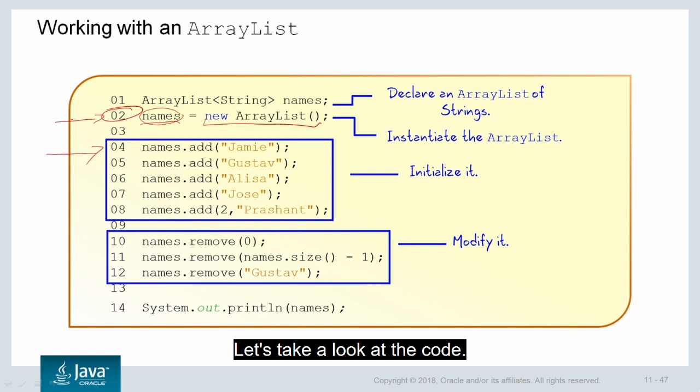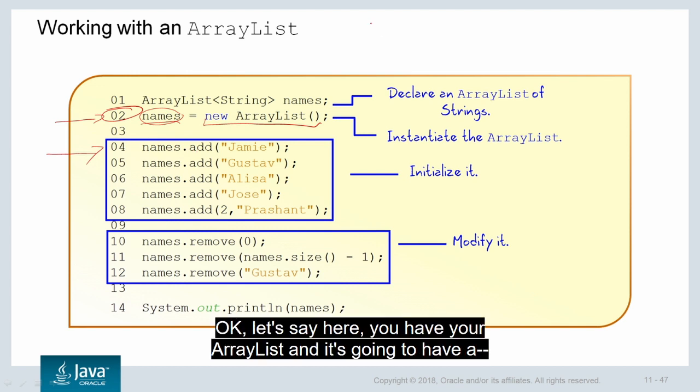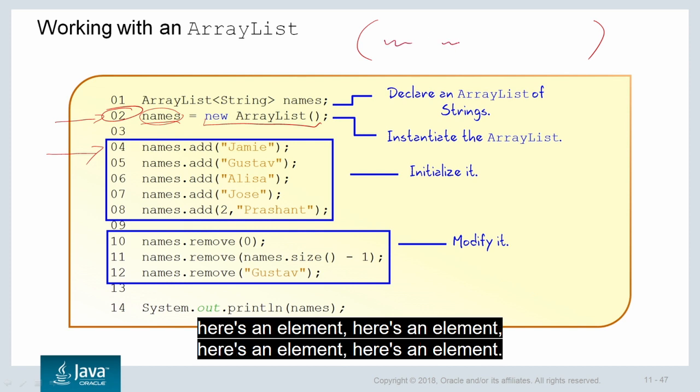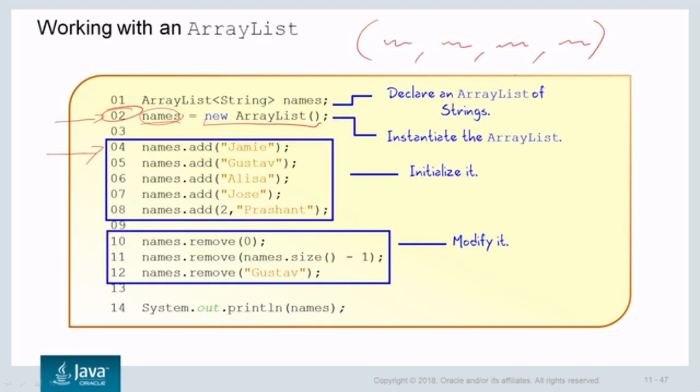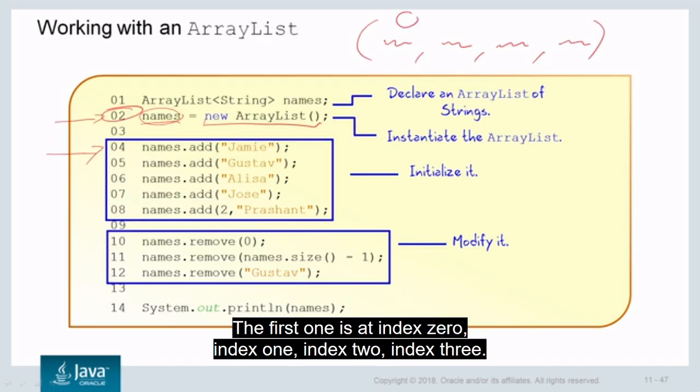What's going on? Let's take a look at the code. We're adding names. Let's say here you have your array list, and here's an element, here's an element, here's an element, here's an element. The first one is at index 0, index 1, index 2, index 3.